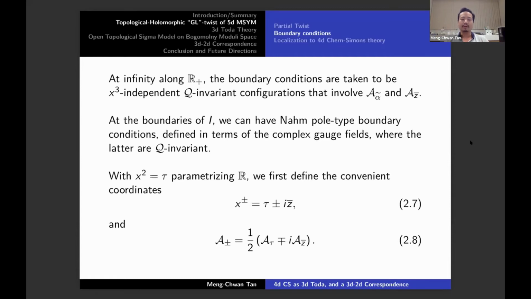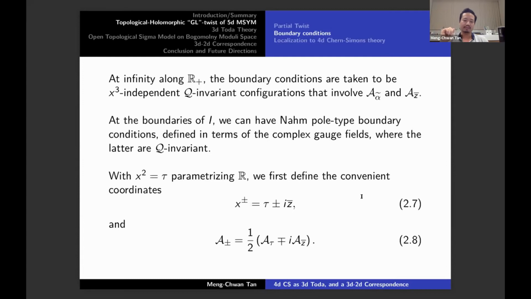Okay, so we'll talk a bit more about this non-pole boundary condition. Let's do some relabeling of our coordinates. x2 is R, the second factor in our 5-manifold. We'll write it as tau, and let's just redefine these convenient coordinates here.